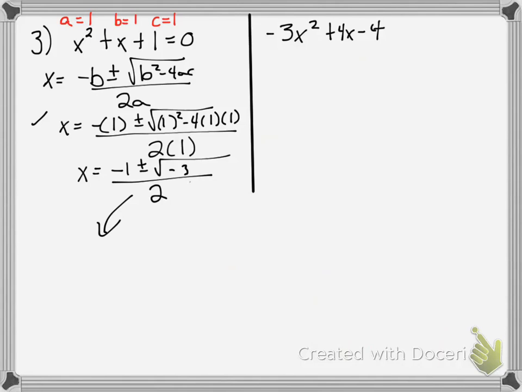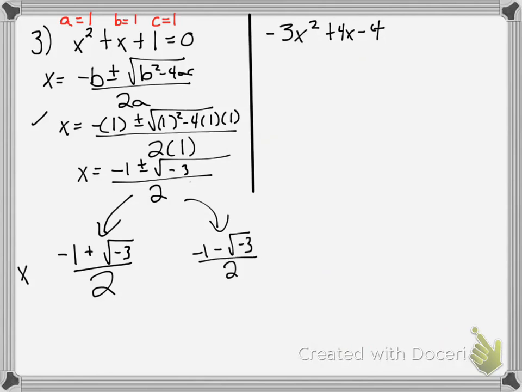My first answer, I'm looking at negative 1 plus and minus the square root of negative 3 divided by 2. On this one I'm going to stick to the plus. My second root I'm going to have to take is negative 1 minus the square root of negative 3 divided by 2. So now I need to just simplify each of these.